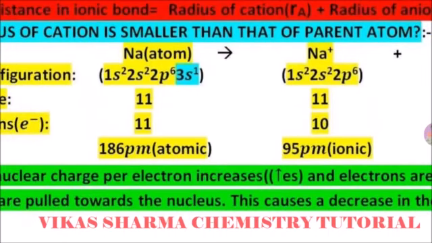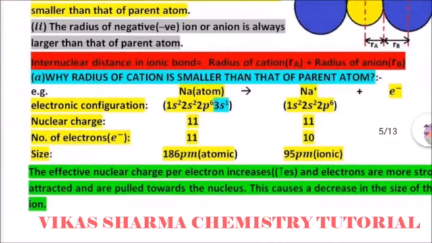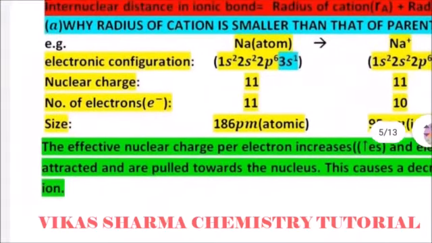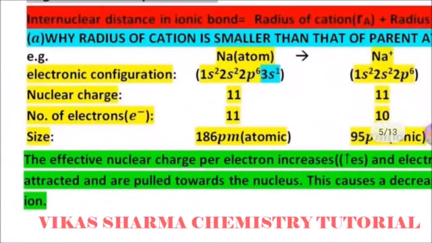It is because the 3s shell is removed, so when the third quantum orbit is removed, only the first and second orbits remain, so the size is decreased. So the effective nuclear charge per electron increases, and the electrons are more strongly attracted and pulled toward the nucleus.